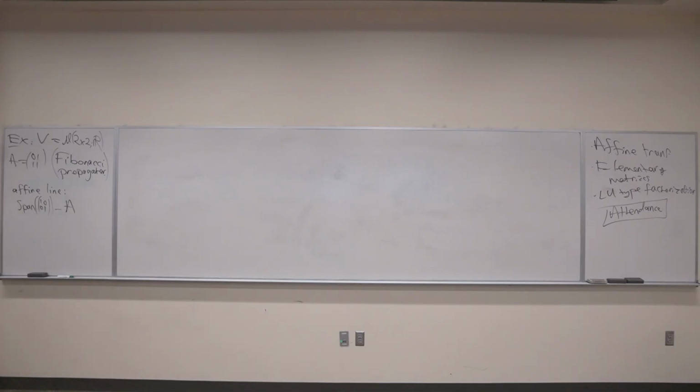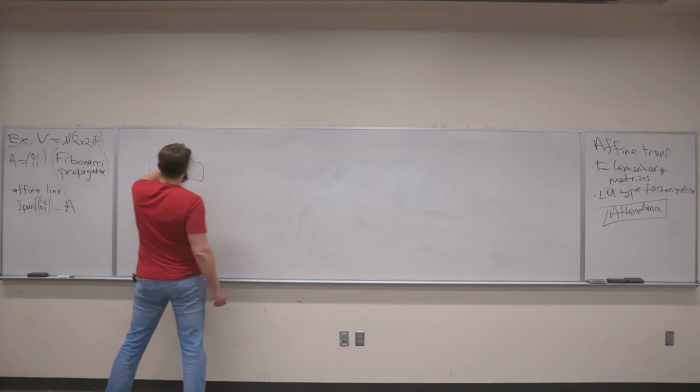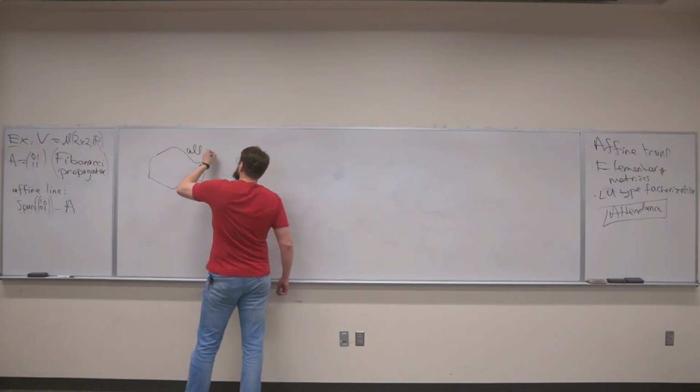Inside this 4-dimensional space, I can think of the set of all invertible matrices or non-invertible matrices, and I can try to visualize how this affine line is positioned. So this is all invertibles.